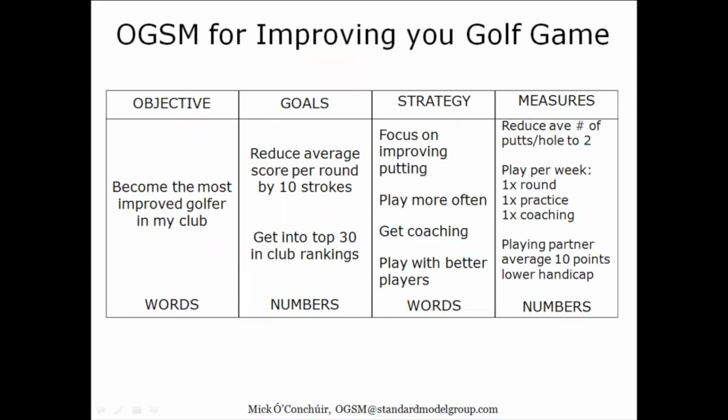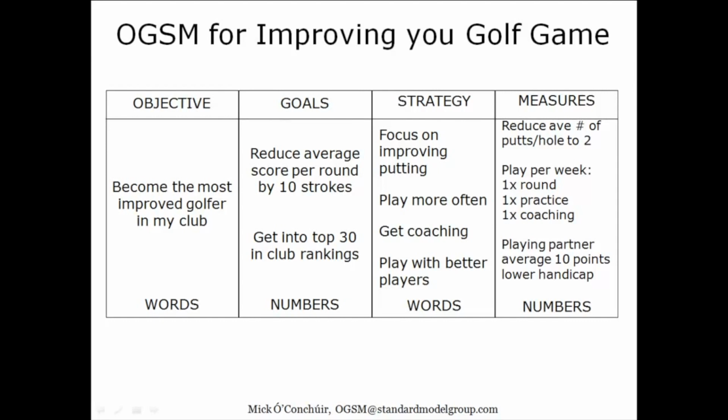So, an example, an OGSM for improving your golf game. Become the most improved golfer in my club. A breakthrough, specific statement of what you ultimately want to achieve across the next year or period that is appropriate for an OGSM.